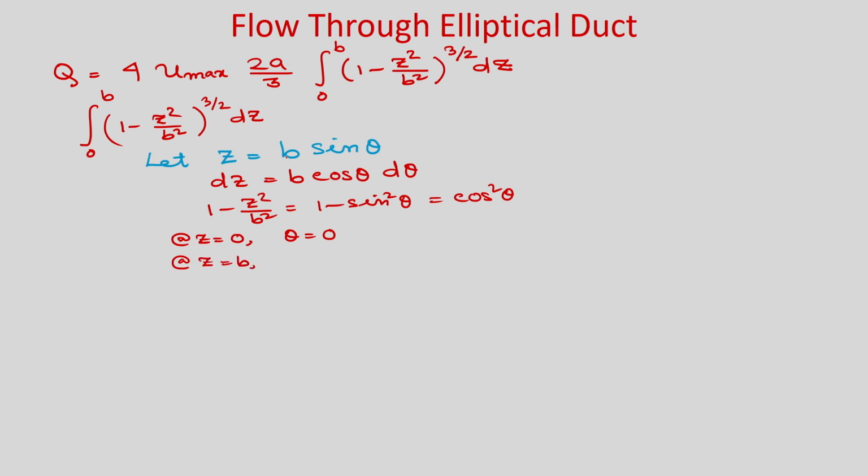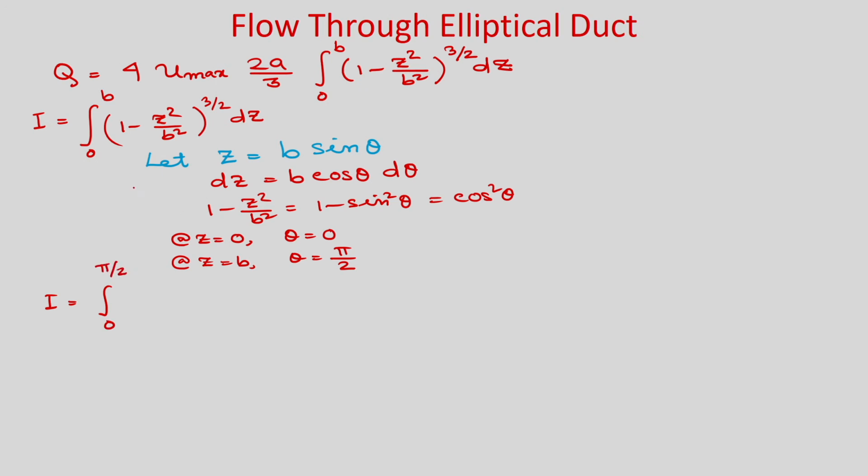Okay. So, sin theta is 1. If sin theta is 1, then theta is equal to pi by 2. Now, if we say that the integral is I, then we can write I is equal to the integral from 0 to pi by 2.